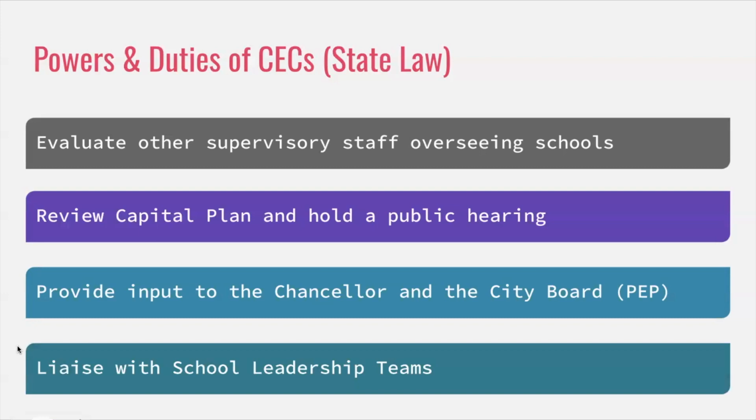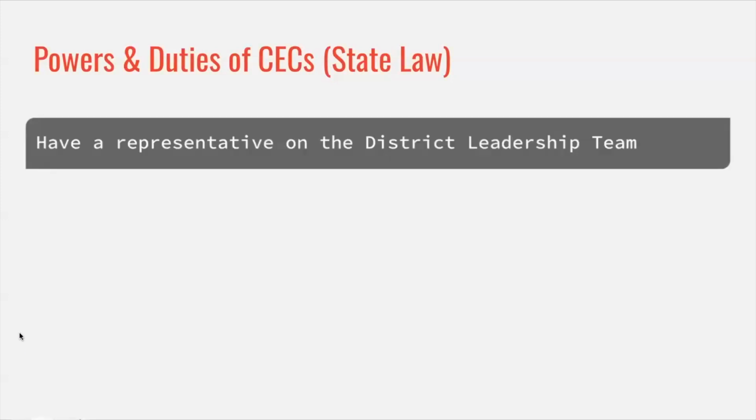CEC members are supposed to liaise with school leadership teams. This is an important function as well. This is how your community education council stays in touch with your school communities, and you can understand what the needs are in your school district and school communities. You're also supposed to have a representative on the district leadership team.